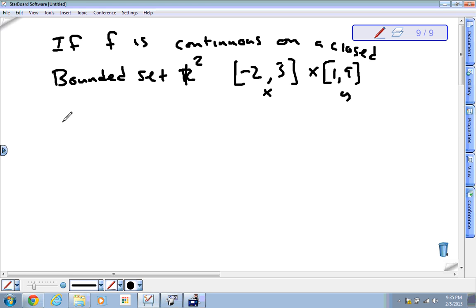Then here it is. Then f attains f, which of course means z, right?